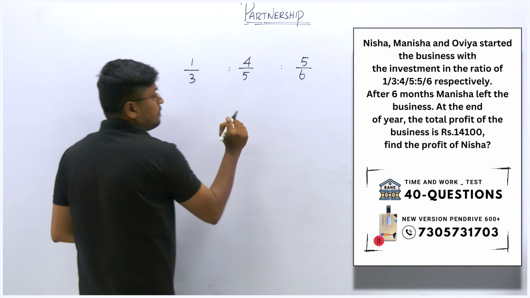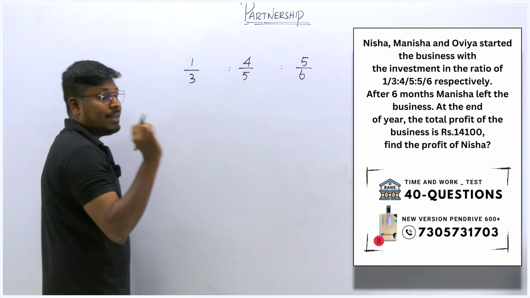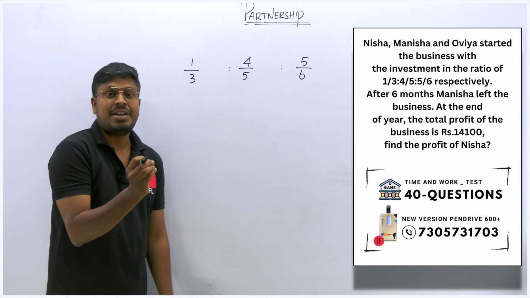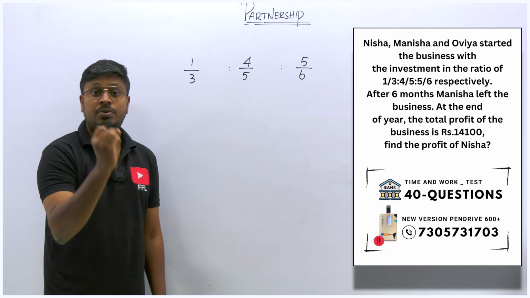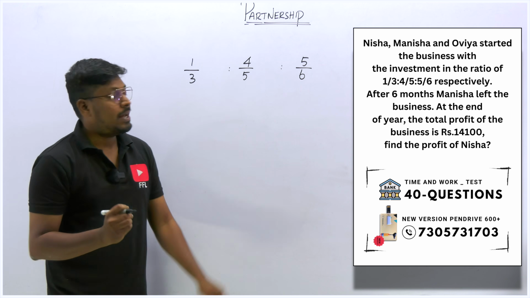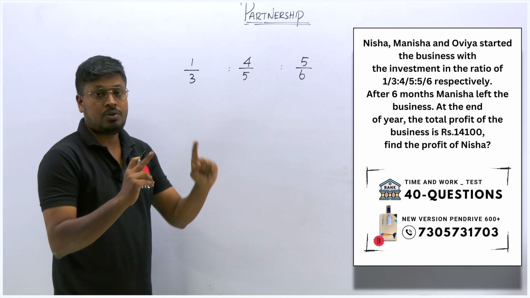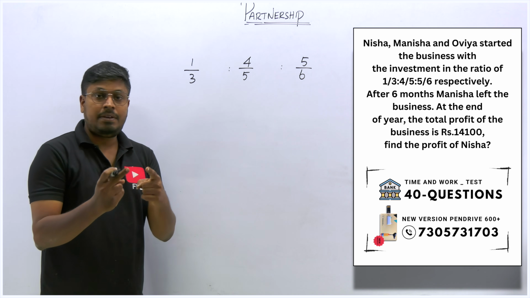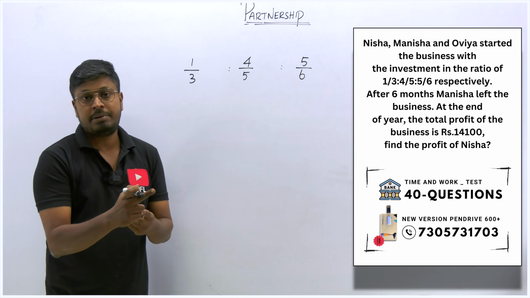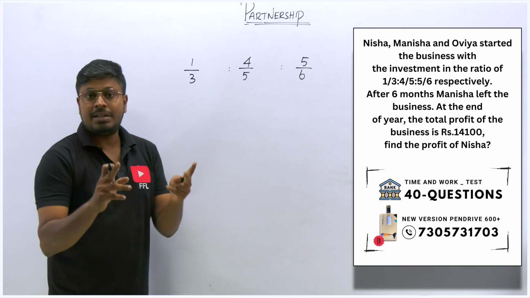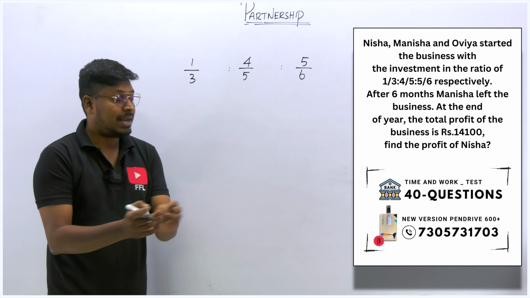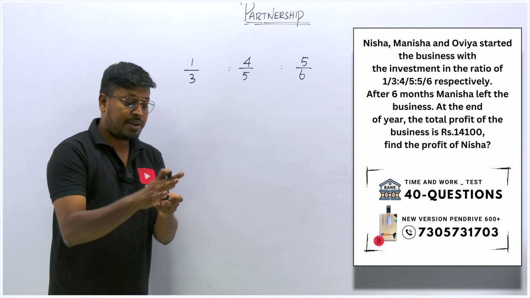Always be careful if the values are in a ratio, because the ratio value should always be in terms of integers. It should not be a fraction or a decimal point. If it is a fraction or a decimal, first convert the numbers into normal integers and then find the ratio value, the share of the profit, right?